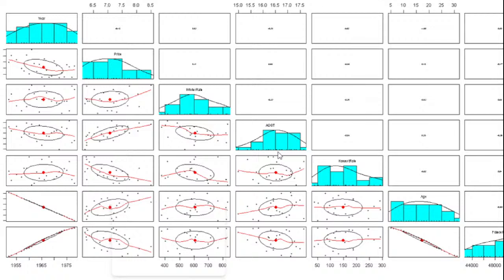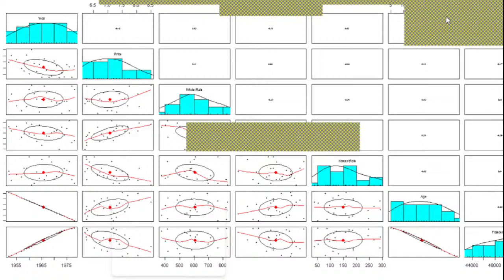Then in the diagonal, it is creating a bar chart for each variable, right? And in the bottom part, it is creating a scatter plot of each individual variable.